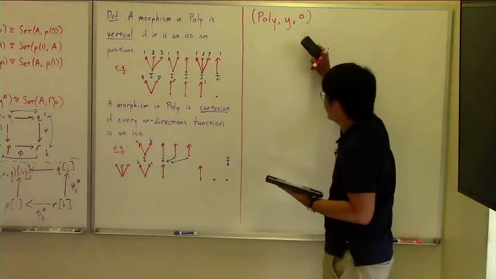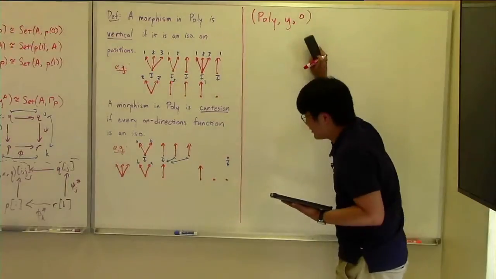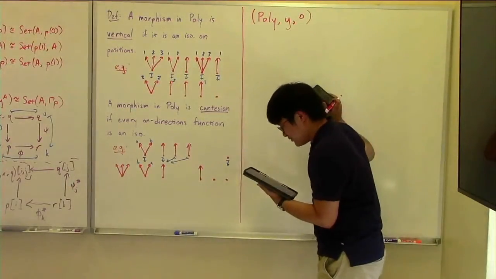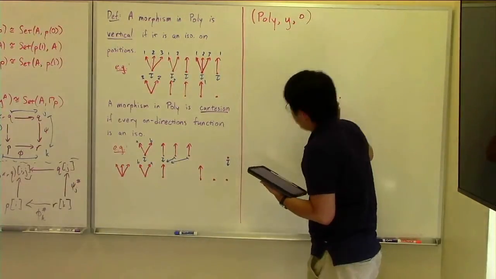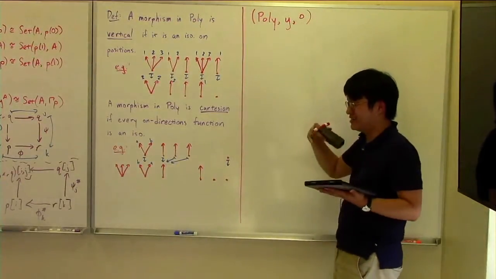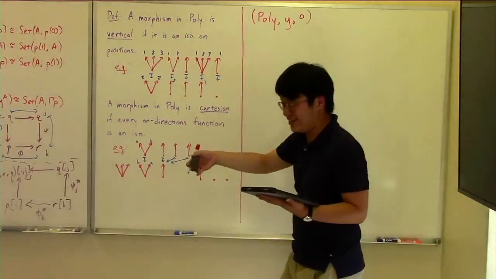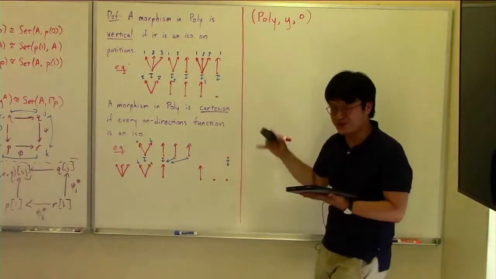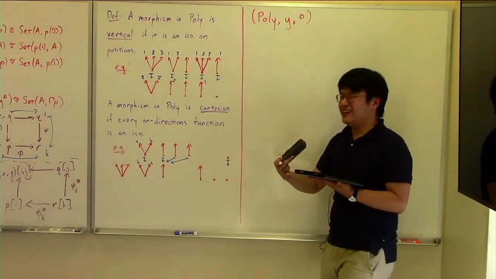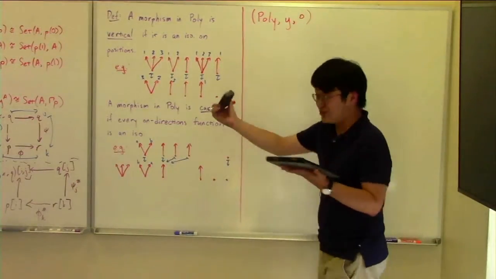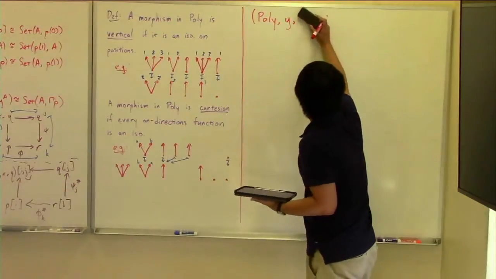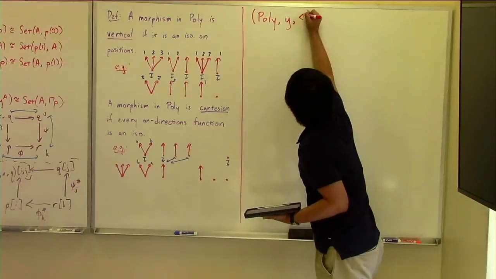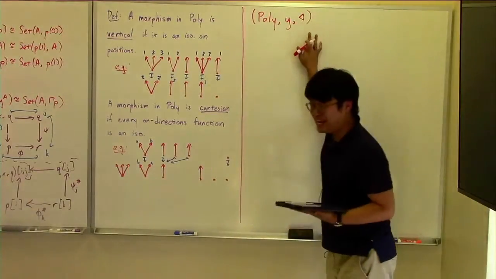Except we're not going to use the circle symbol, which you might be familiar with for composition, for a bunch of reasons. One is that it clashes with the usual composition of morphisms. It's going to get confusing if we use this to also mean the composition tensor product of two morphisms. And also, we want to emphasize that unlike all the other monoidal structures we've introduced, this is actually going to be asymmetric, right?